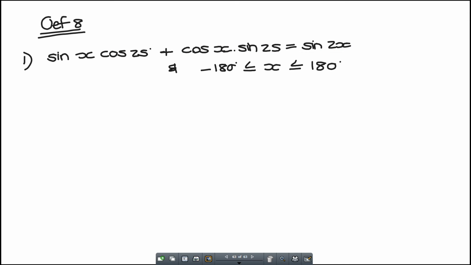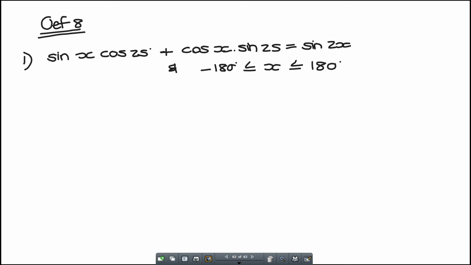Okay, nou is ons gaan by oefening 8. Nou, ek het hier die laaste boekies geskryf, so dit moet ons maar saam doen. Right, so that was what was given, en hulle sê ook dit moet tussen 180, minus 180 en 180 lê. Now, what I want you to see is sine cos, cos sine.